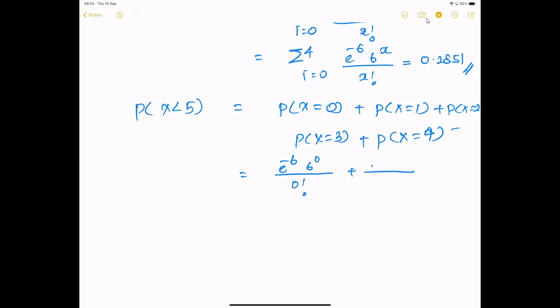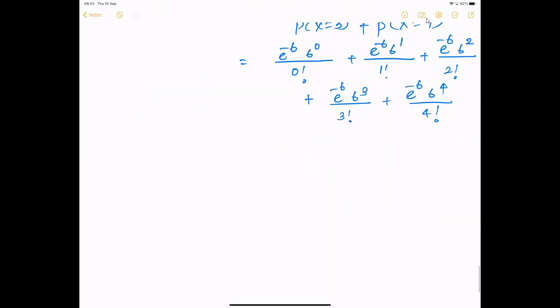The result is 0.2851. You can simplify each and every equation to find the answer.